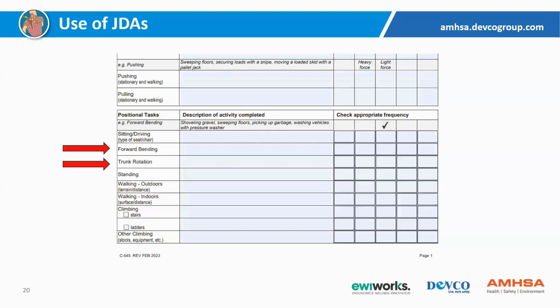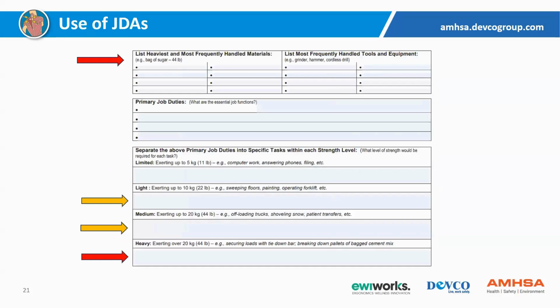So any of these more extreme postures, if they're flagged as occurring, and then if they're flagged as occurring more frequently, those are, again, areas of concern. And then here goes into examples of different weights. I've got the heavier items flagged with a red arrow here, and then I've got items that are maybe a little lighter, flagged as orange.